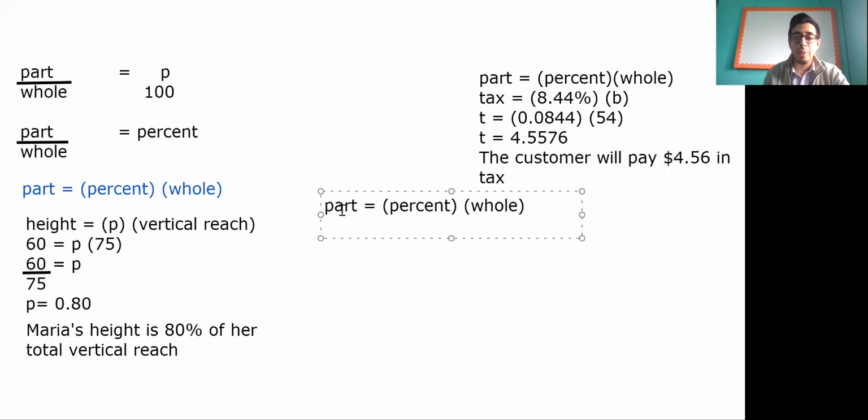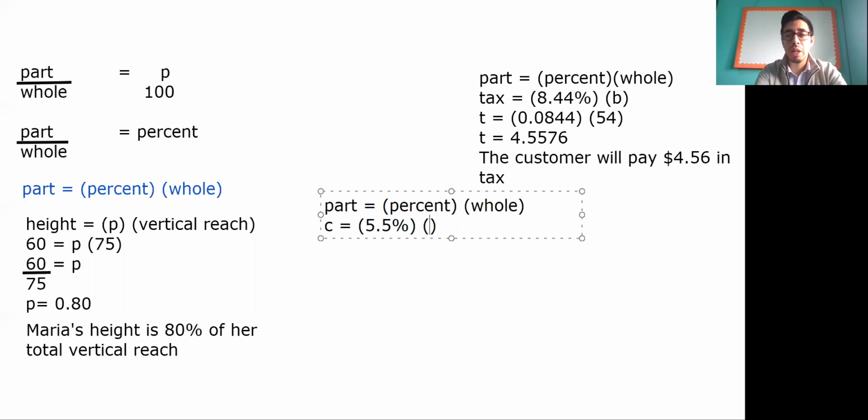And you already have this. What is the part? The part is the commission she earned. And the percent, what is the percent? You already have it, right? It's 5.5%. Remember, you don't have to keep the percent, so I need to divide later by 100.